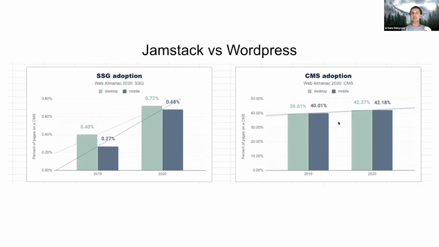So CMS adoption has kind of stalled. It's only a couple percent of growth compared with the previous year, and we see that adoption of actual SSGs and technology related to Jamstack is growing. So we really have good traction and growing parts.